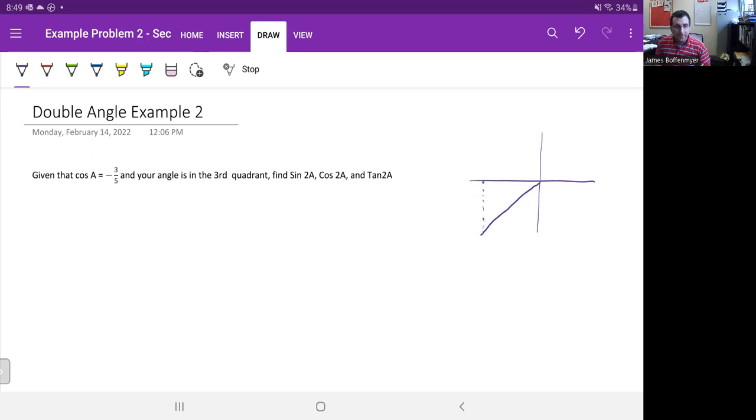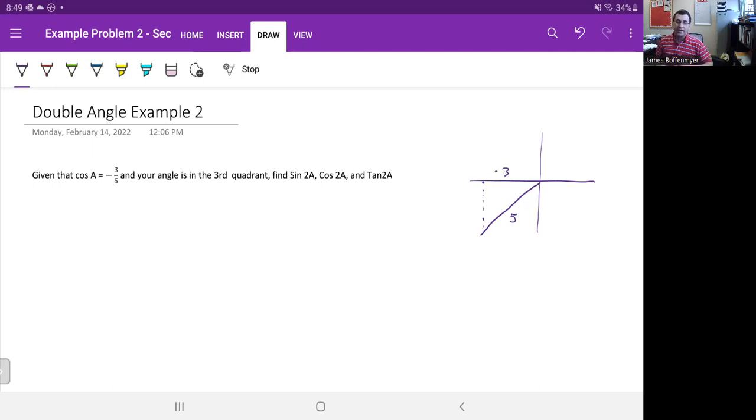If you remember, cosine is adjacent over hypotenuse. Remember SOHCAHTOA? Some old hippie caught another hippie tripping on acid. Cosine is adjacent over hypotenuse. Your hypotenuse is always going to be positive and it's the bottom number. The adjacent is the other one, the -3.